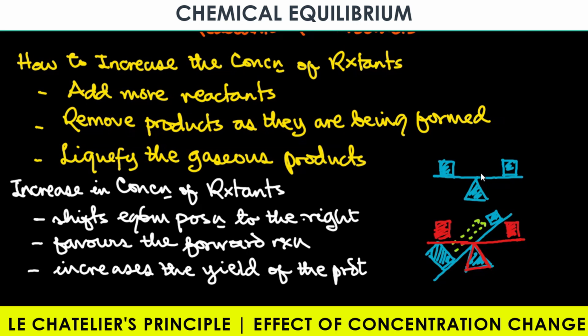Now, before we leave this, I would like to use a graph to also explain what we meant by the concentrations of the reactants and products being constant at equilibrium.